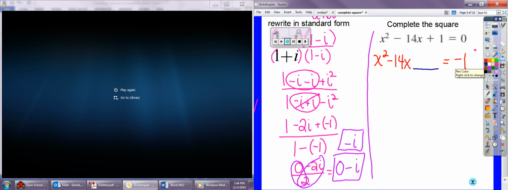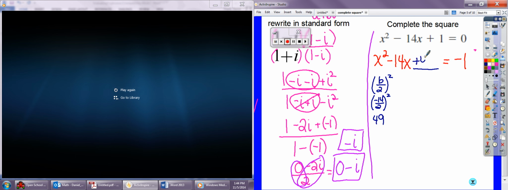Okay, so you divide the b. So it's b over 2, and then you square it. So negative 14 over 2, and then you square it. Negative 14 divided by 2, pay attention, is negative 7 squared is 49. Okay? So what goes in this blank?